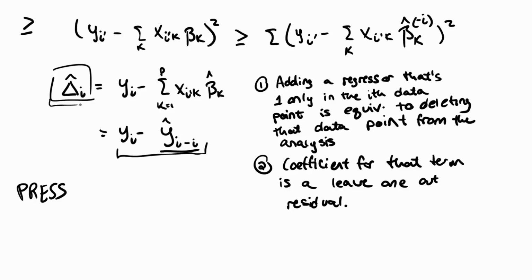And finally, the t-test that you get from fitting this model with this extra term for the ith data point yields a form of standardized residual that is exactly t-distributed, so we could establish cutoffs for thresholding them and so on. Okay, so now we're going to go through some coding examples, and then we're going to delve into these PRESS residuals a little bit more.